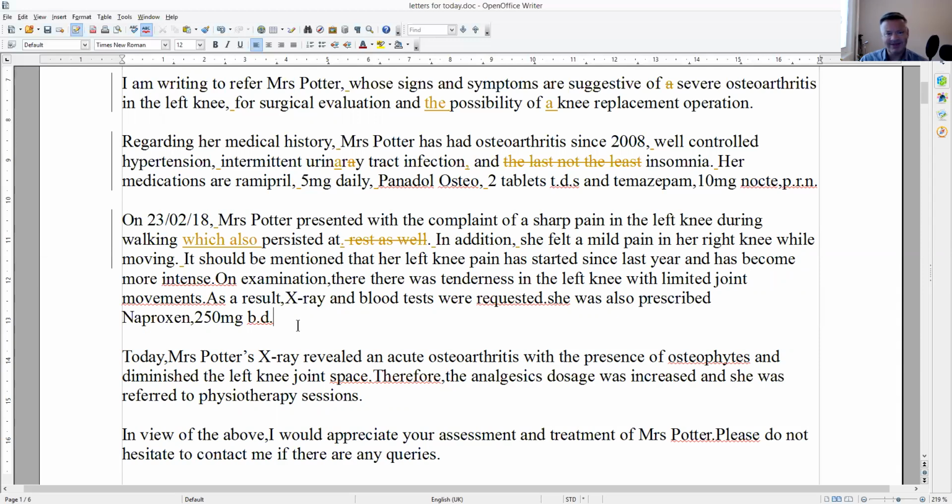So you've got a sharp pain in her left knee, which continues when she's not walking, but there's also a mild pain in her right knee while moving. I would put both of those in the same sentence because it's kind of the same thing. She has pains in both her knees, sharp in the left, mild pain in the right, etc. It should be mentioned. Well, why should it be mentioned? There's no need to say it should be mentioned. Just simply mention it.